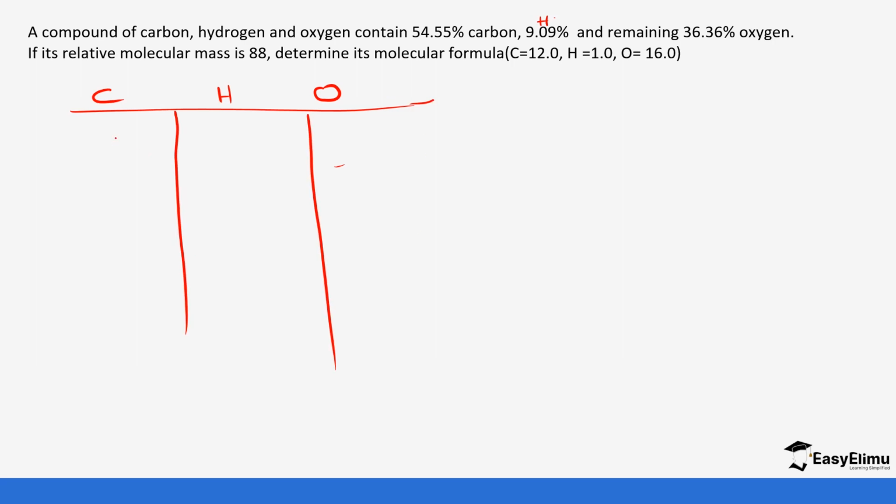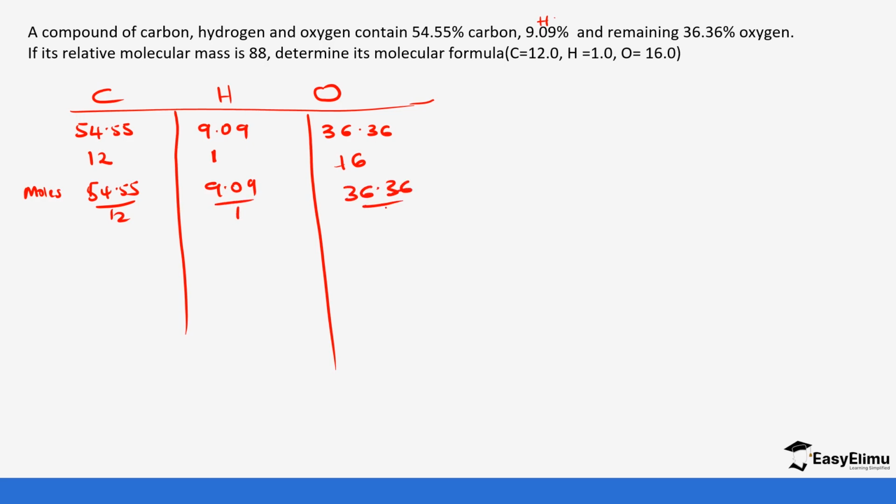So the mass of carbon is 54.55. The mass of hydrogen is 9.09. And then the mass of oxygen is 36.36. The atomic mass of carbon is 12, the atomic mass of hydrogen is 1, and the atomic mass of oxygen is 16. So to calculate the number of moles, it would be 54.55 divided by 12, and then 9.09 divided by 1, and 36.36 divided by 16.